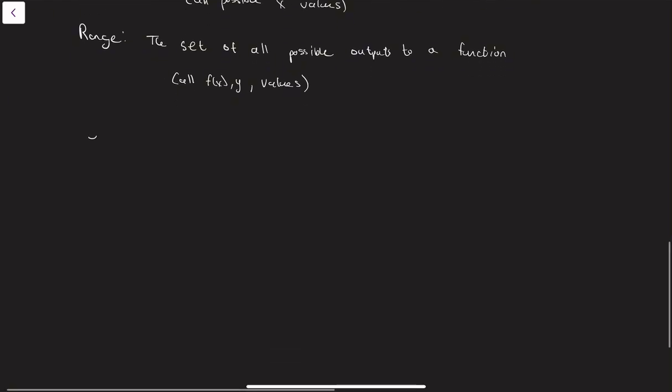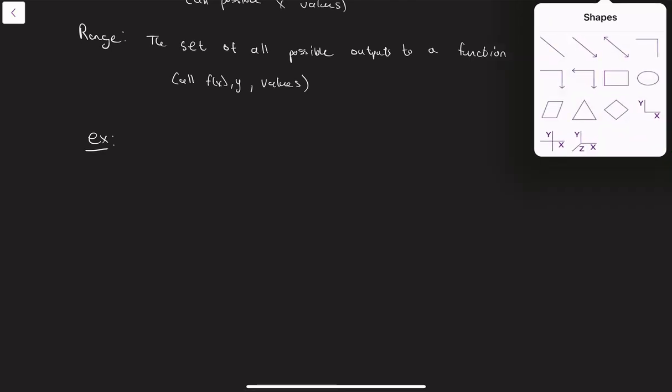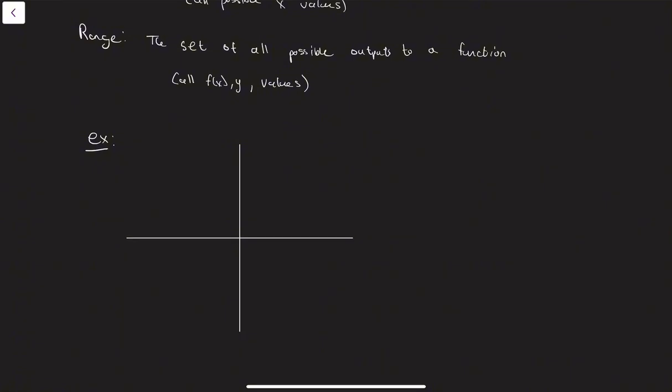We're going to go back to root x. So f of x is equal to root x, and this is f of x equals root x. This is x. So what's the domain of f of x equals root x? Well, we know that all the possible x values must be greater than or equal to 0.